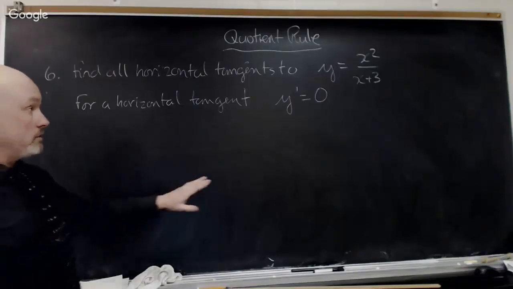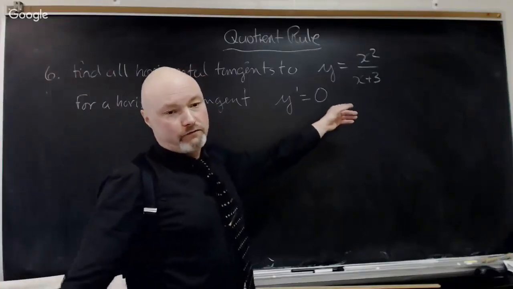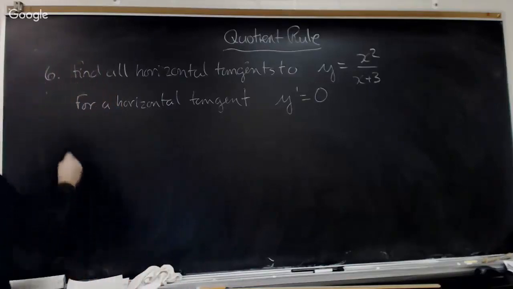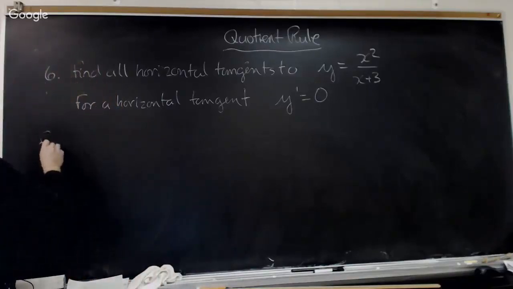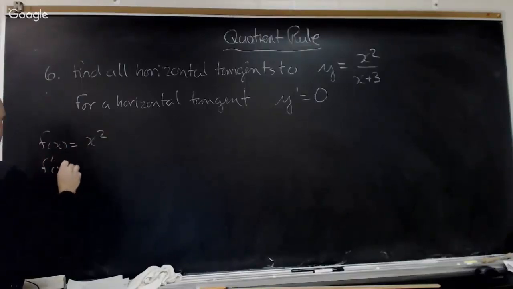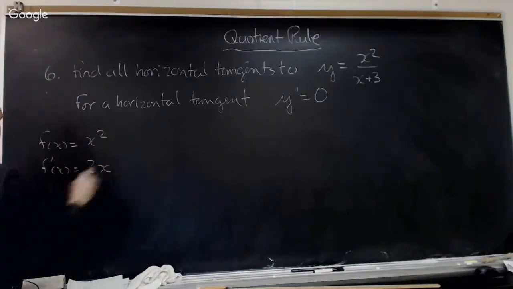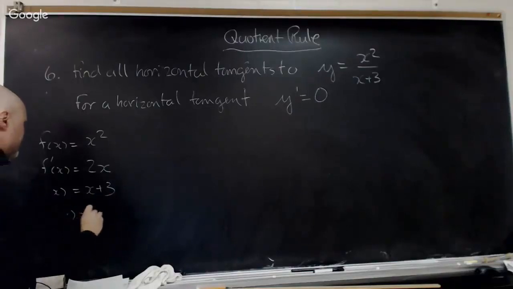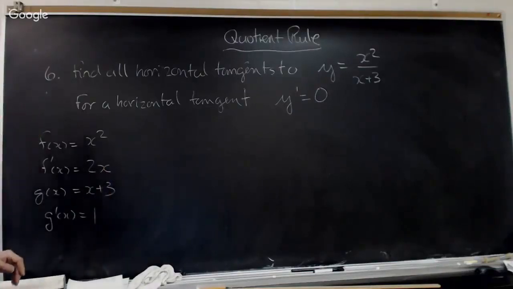So here we go. We're going to take the derivative, which, by the way, is almost always the thing to do in calculus, is take the derivative. And so my top function is x squared. The derivative of my top function is 2x. My bottom function is x plus 3. The derivative of my bottom function is 1.